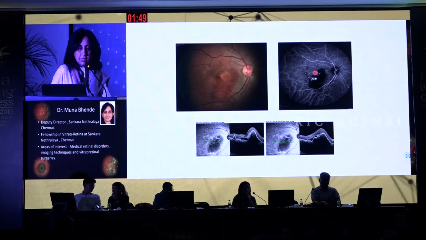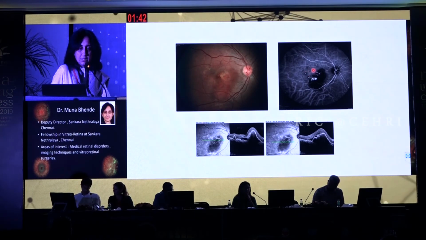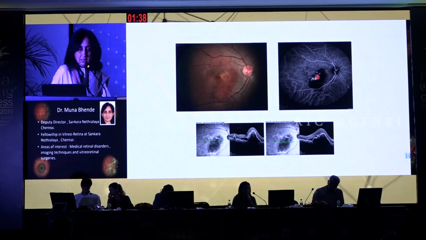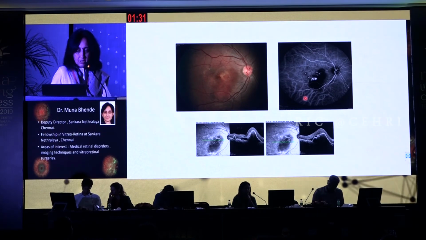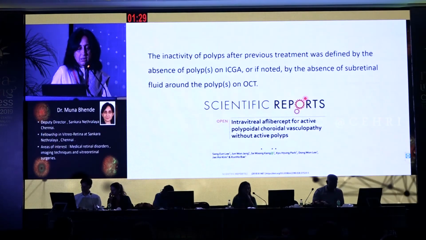You look at this picture here. This is one of my own patients. You have a vascular network. You have some lesions at the periphery all around, but some lesions are much brighter than the other. These are the active lesions, whereas the hyperfluorescent rim with a central echolucent core is actually the inactive lesion.